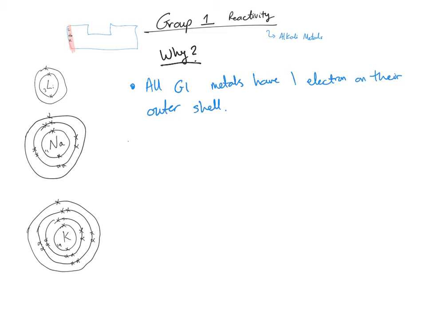When they react, all these group 1 metals will lose 1 electron, because if they lose that 1 electron, they'll then have the same electron configuration as the noble gases, so they'll be stable. If they lose 1 electron, they will all become +1 ions, because they've lost 1 electron.